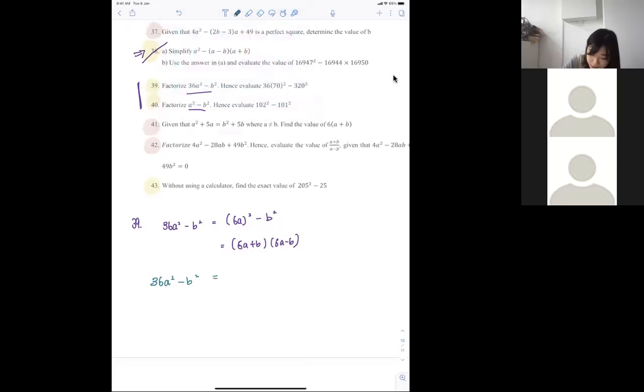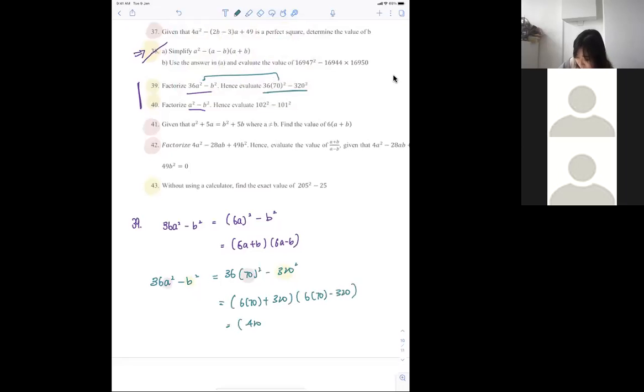So this one, they say hence means this has to do with that. You write them together first. If you can recognize, then a is 70, b is 320. So you're going to fit that to what you factorize, the final answer in part 1. So you will have 6a plus b and 6a minus b. So you get 420 plus 320, 420 minus 320.